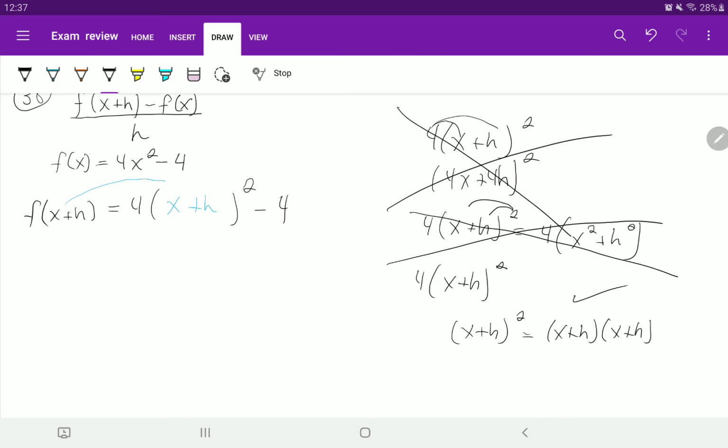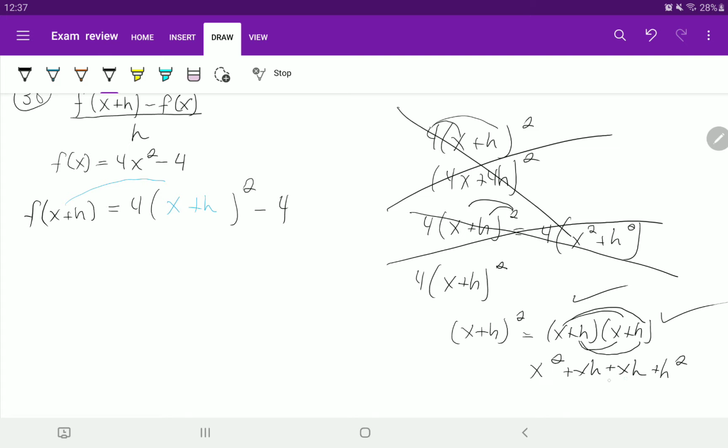Then to multiply that, you use the distributive property. x times x is x squared. x times h is xh. h times x, I'm going to leave as xh. And h times h is h squared. That is how you perform that correctly.